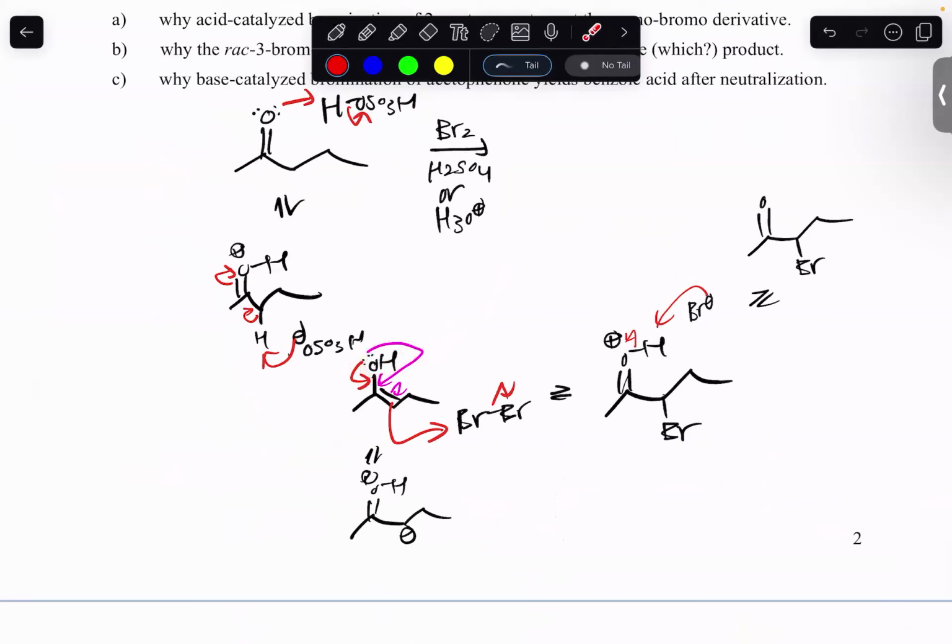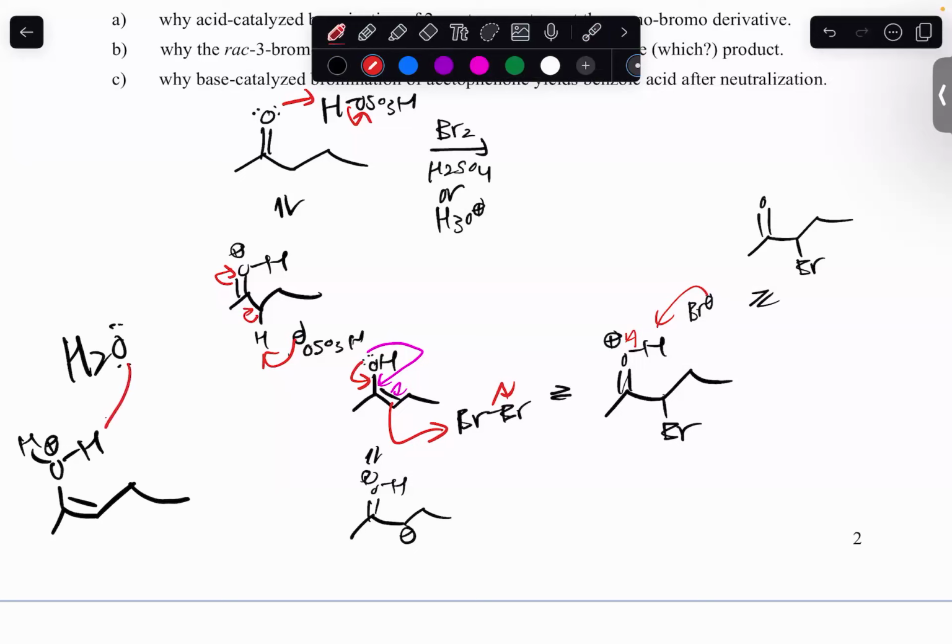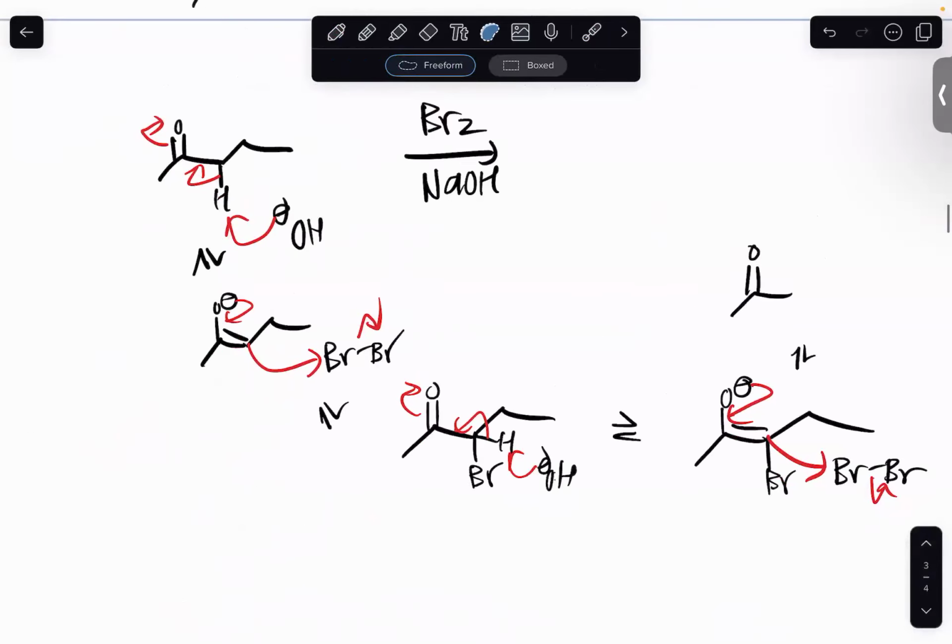Something like water or some other thing will just come in and deprotonate that structure to make it neutral again, to make the enolate again.